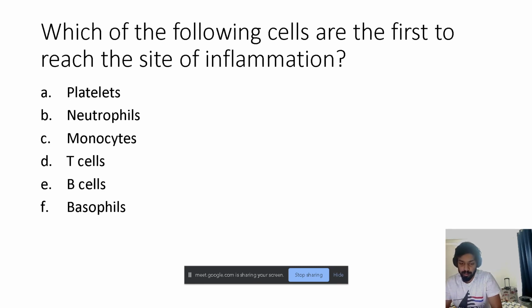Neutrophils. Yeah, neutrophils are the first cells that reach the site of inflammation in any immune response because of their small size and their ubiquity in the body. They are present all across the body, except for the brain, and they can reach the site of inflammation very fast.